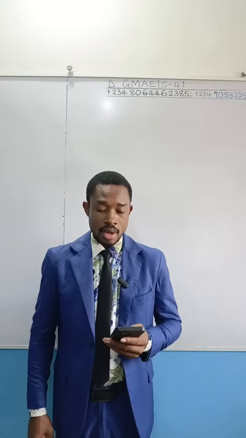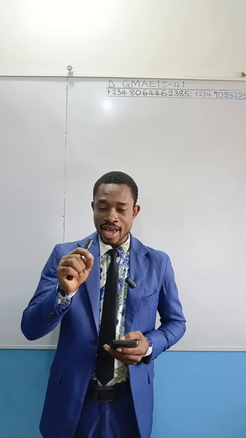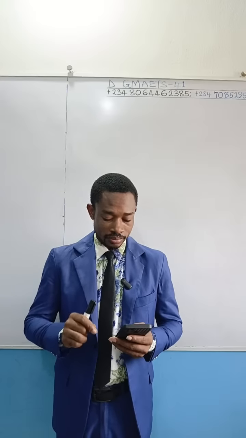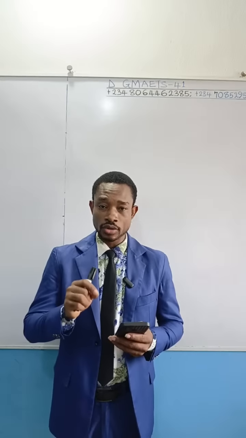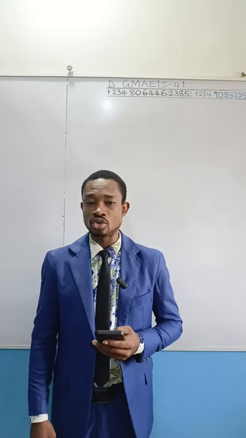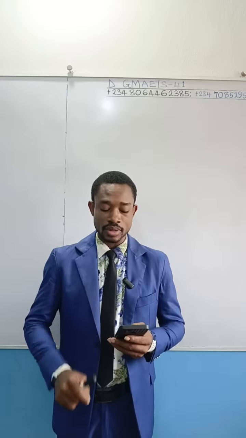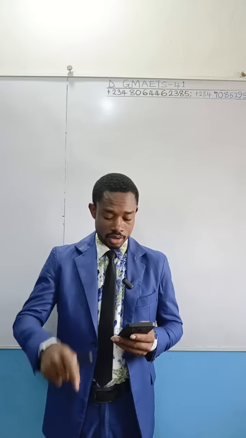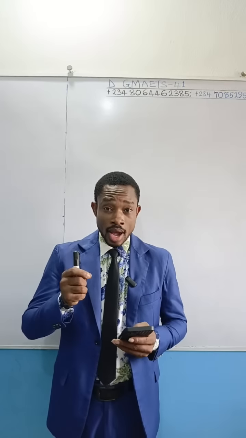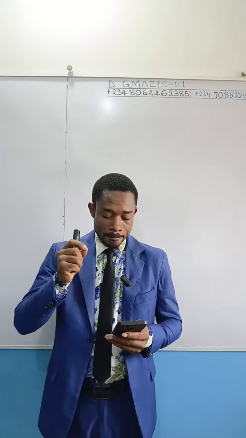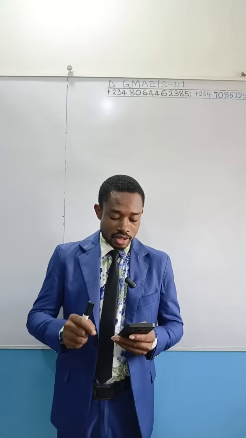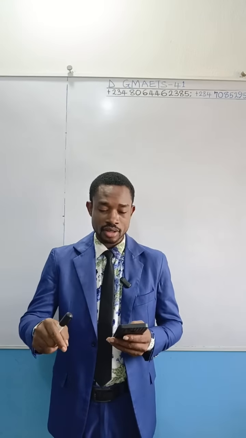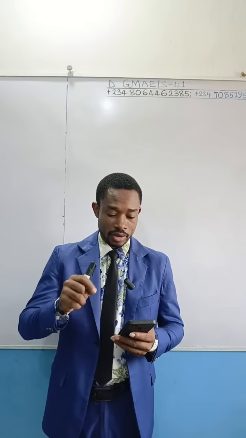II, mass concentration of Na2CO3 in 250 cm cube of B. I read that again, question II: you have to calculate the mass concentration of sodium trioxocarbonate IV, that is Na2CO3, in 250 cm cube of B.